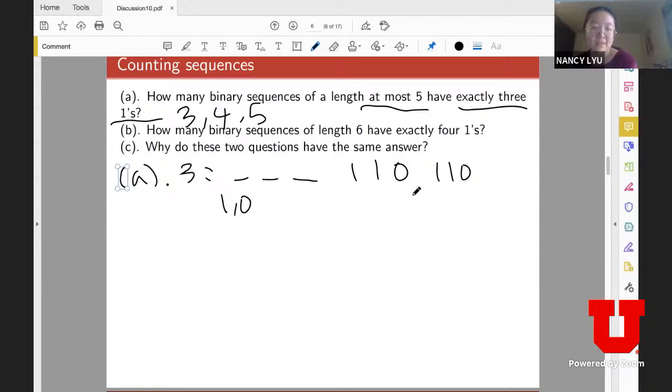But in binary, they're the same. So the order doesn't matter here. And you cannot have repetition.